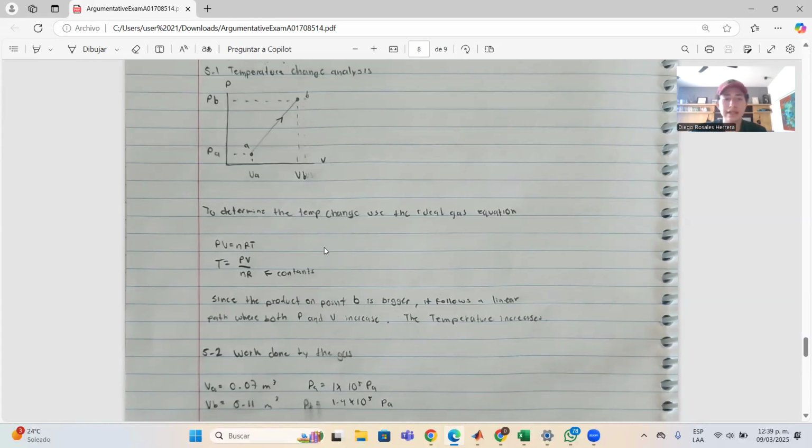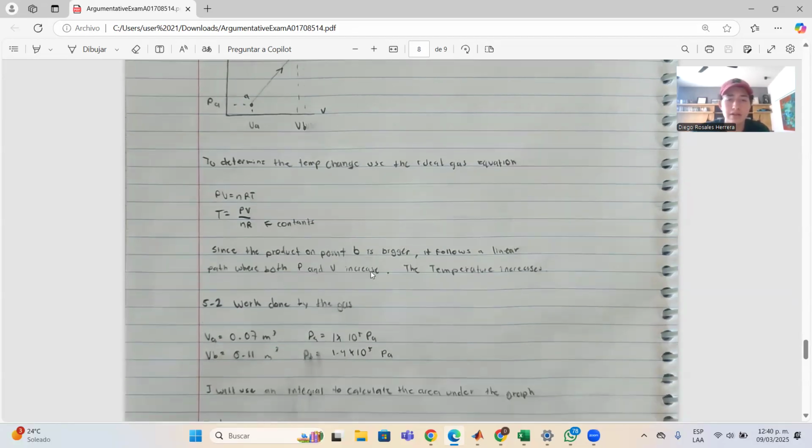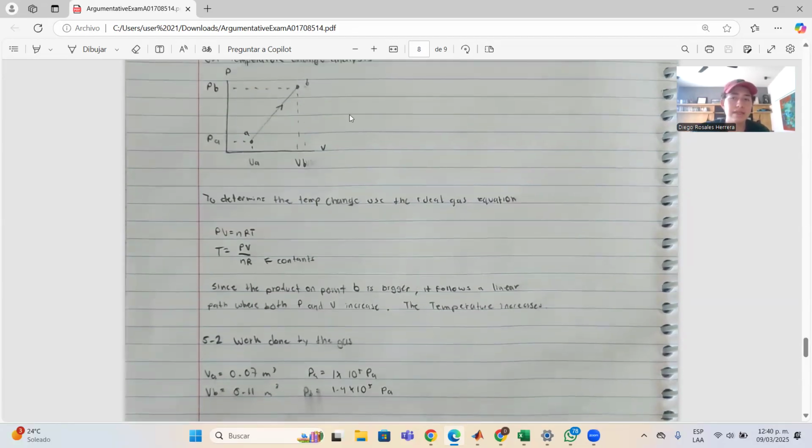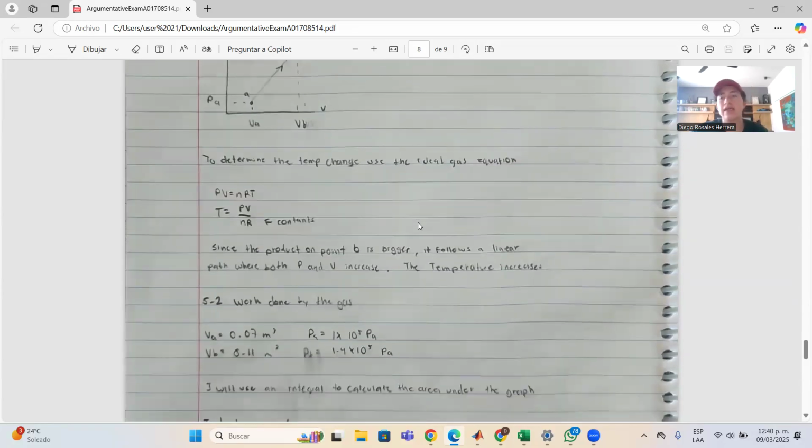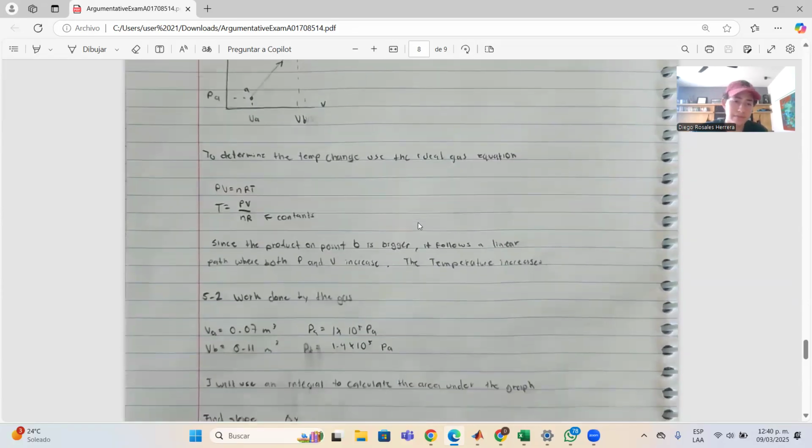We're looking for T, so T equals PV divided by nR. Because n and R are both constants, we can see that T is only dependent on the multiplication of P and V. So as we can see, at point B the volume and the pressure are greater than at point A. So the multiplication of both of these terms is going to be bigger. So we can say that the product at B is going to be more. So this is an increase in temperature.